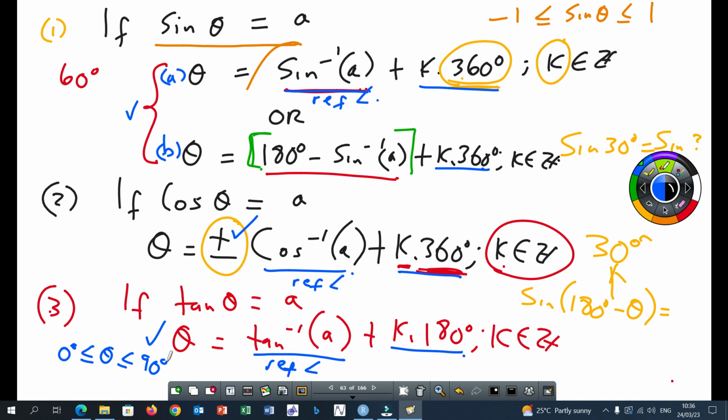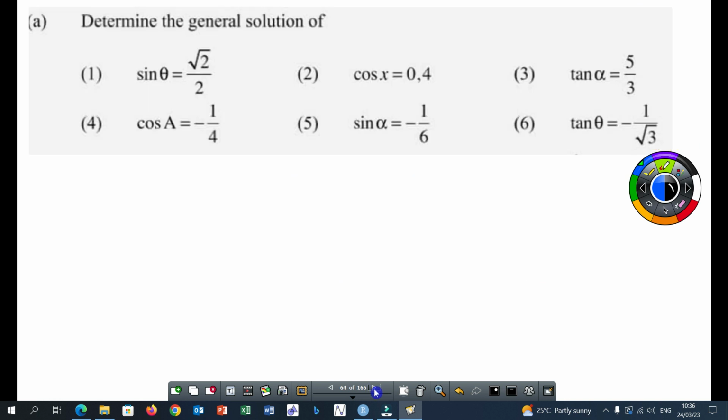You are going to encounter some very complex trigonometric equations, and the angle can not only be in the first quadrant, it can be in the second, depending on the sign of the ratio, or the third or fourth quadrant. You can also have values that are more than 360 for theta or x. So let's move on to application.